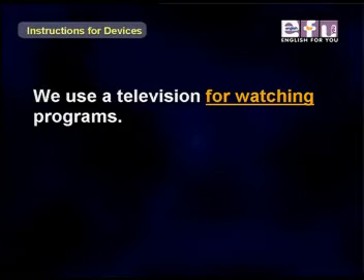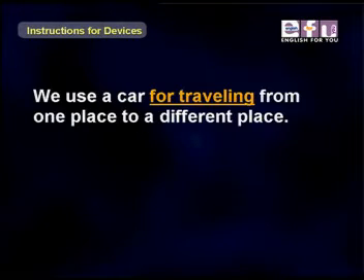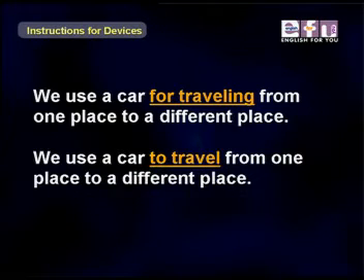We use a television for watching programs. We use a television to watch programs. These have the same meaning. We use a car for traveling from one place to a different place. We use a car to travel from one place to a different place. These sentences have the same meaning.